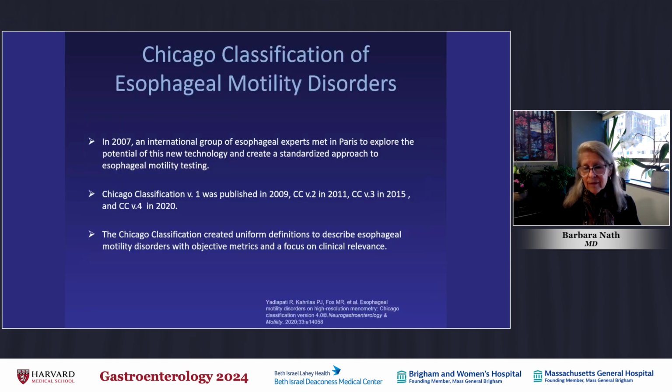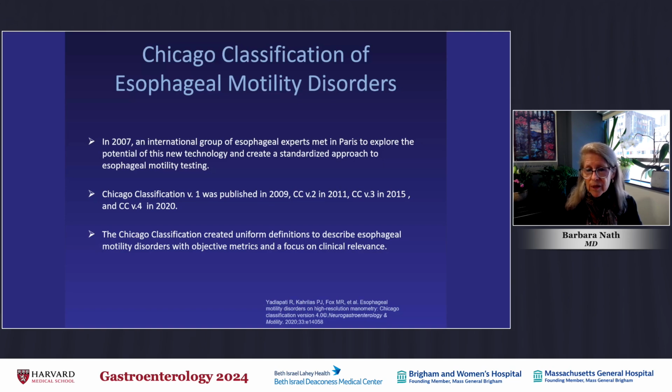So it was clear that this was a brand new tool with lots of potential, but a very limited classification of motility disorders. So in 2007, a small group with international representation of esophageal experts met in Paris to explore the potential of this technology and also to create a standardized approach to motility testing.